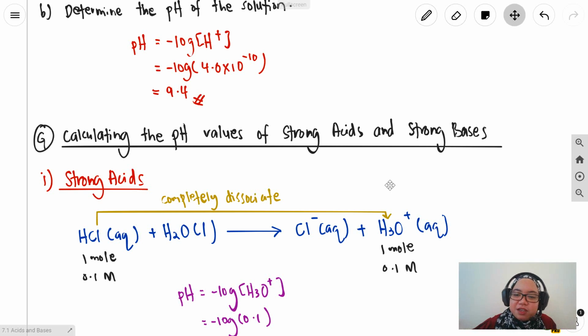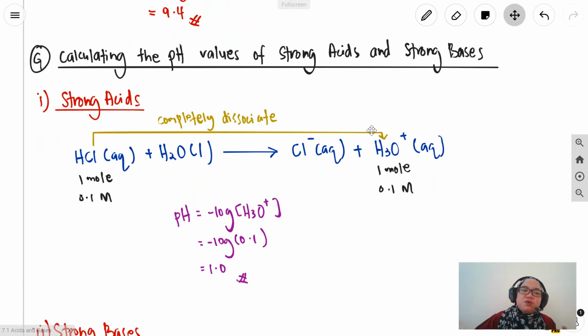Okay, so if we look at this question here, we have a strong acid. HCl plus water forming Cl minus and hydronium ion. Here we have the molarity of hydrochloric acid, which is 0.1 molar.